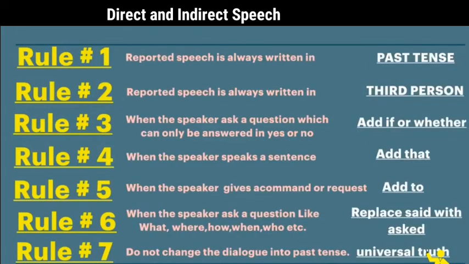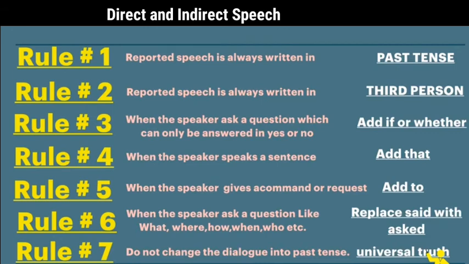In rule number 1, reported speech is always written in past tense. Rule number 2, reported speech is always written in third person. Rule number 3, when the speaker asks a question which can only be answered in yes or no, add if or whether. Rule number 4, when the speaker speaks a sentence, add that. Rule number 5 says, when the speaker gives a command or a request, add to it.